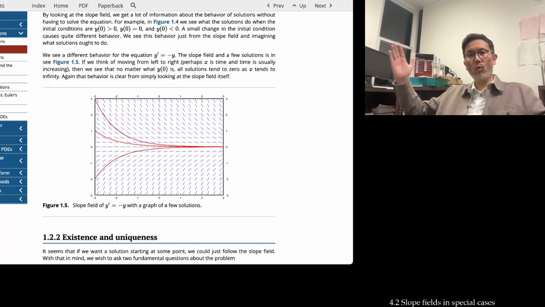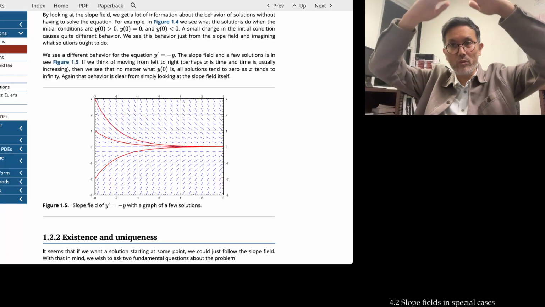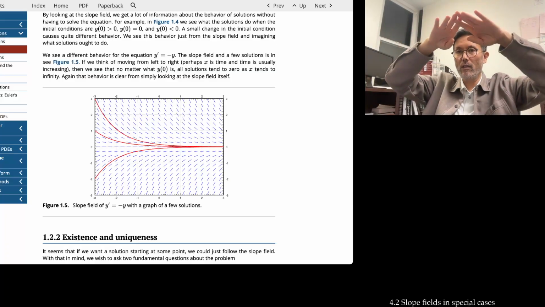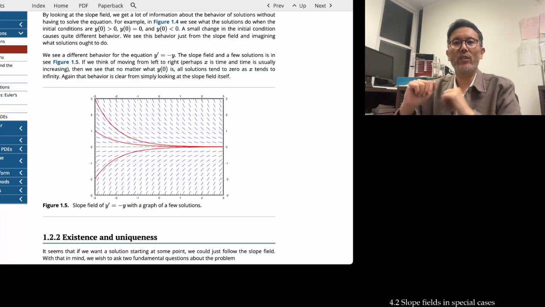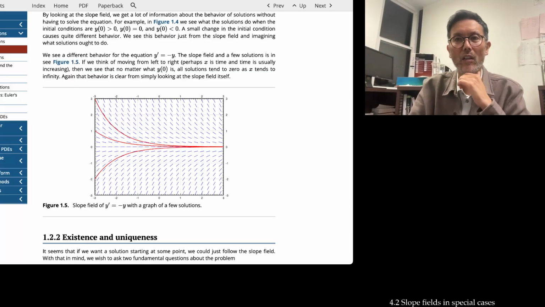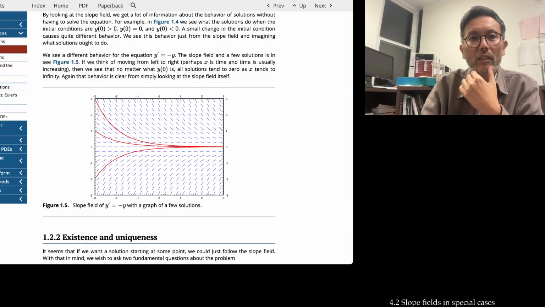That's what I mean by horizontally invariant, right? As soon as you set a horizontal level, which is a y coordinate, then you know the slope of the slope field at every point along that horizontal line.